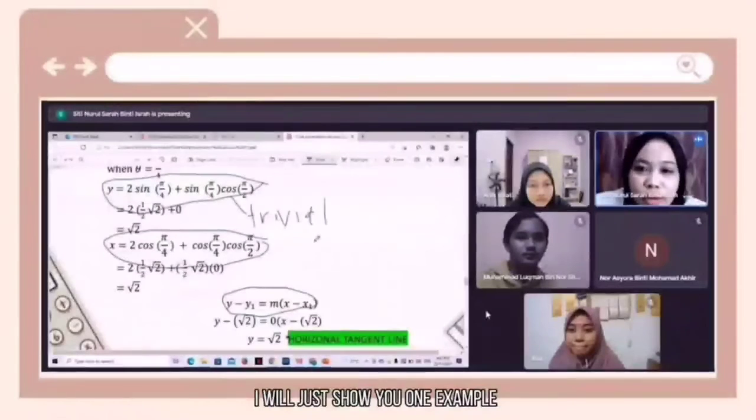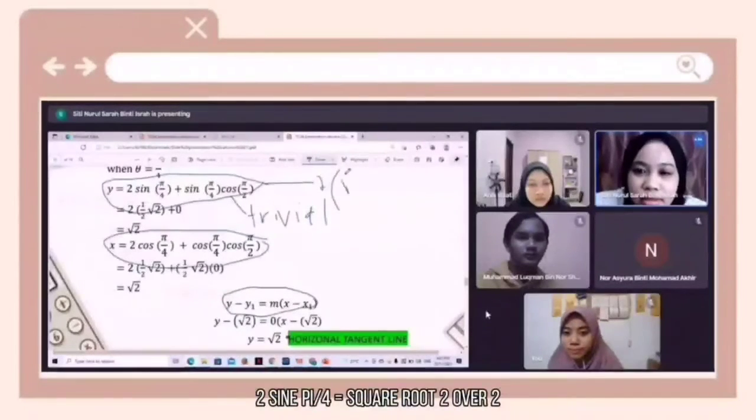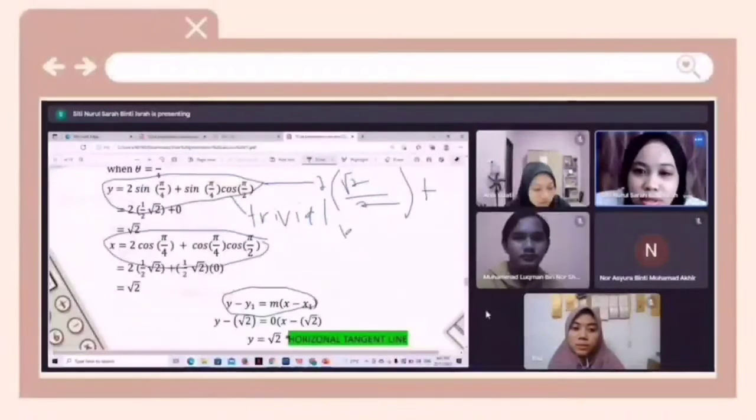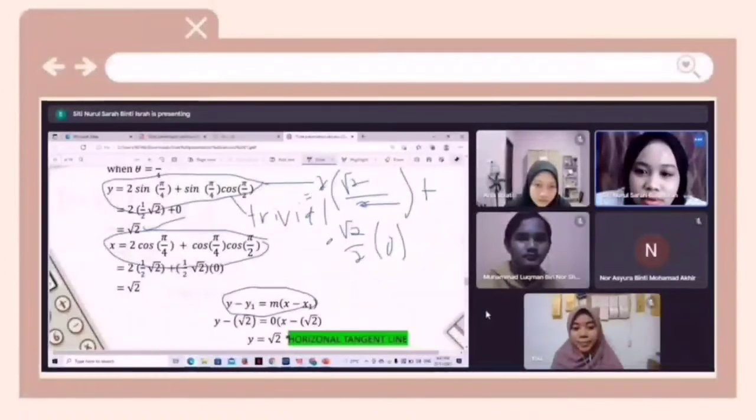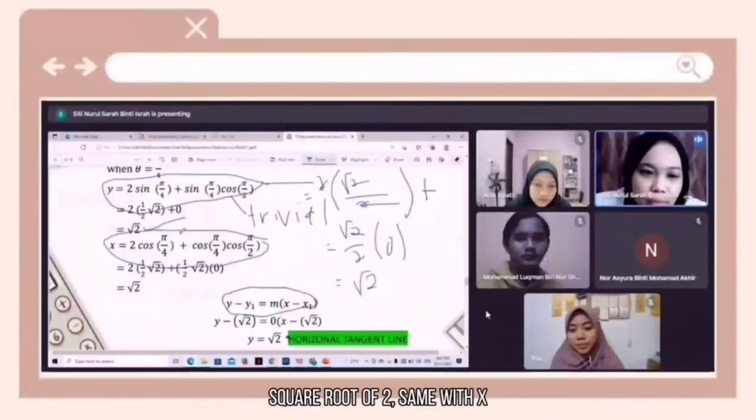I just show you one example: 2 sin pi over 4 equal to square root of 2, plus zero. So we get y equal to square root of 2. Same with x.